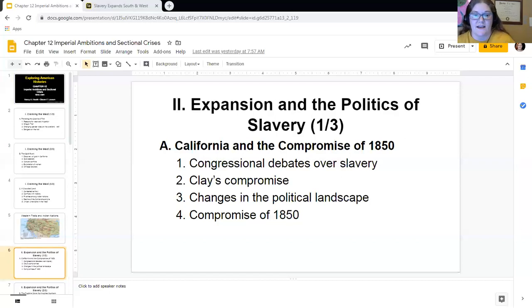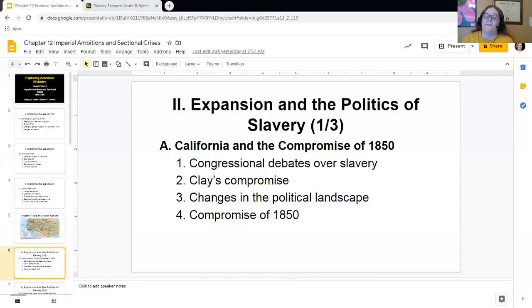Remember, Texas has been trying to come into the Union, but parts of Texas are free, parts of Texas are not free. Parts of Texas are still heavily inhabited by non-Americans, if you will. And so this is a really volatile time in congressional politics.